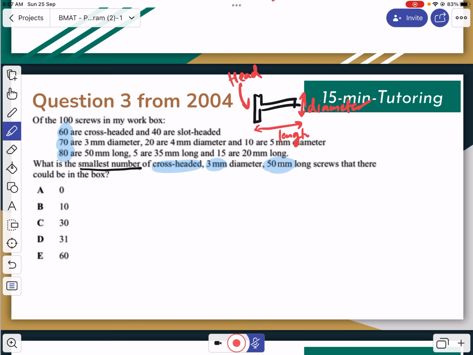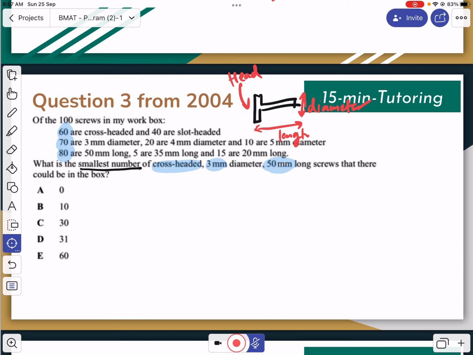But I am going to do it differently, because we need to look for a screw which fits all the criteria, and I will be selecting these screws in 2 steps. Step 1, we'll be looking at screws which are both cross-headed and 3 mm. And then from those screws from step 1, we add on more criteria, 50 mm long. That will be step 2.